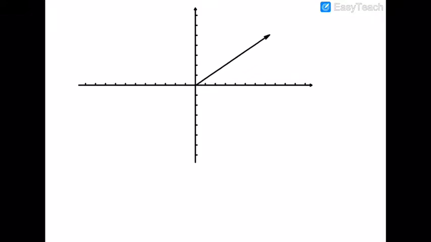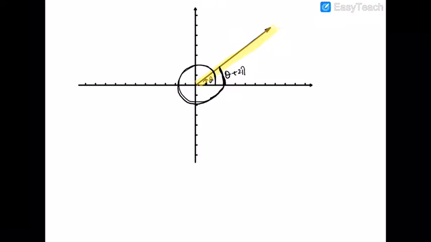Now if this line segment makes an angle theta with the positive real axis, then if we take one full circle and reach this line segment again, we will be making 360 degrees plus theta angle. So our angle will be theta plus 2 pi.